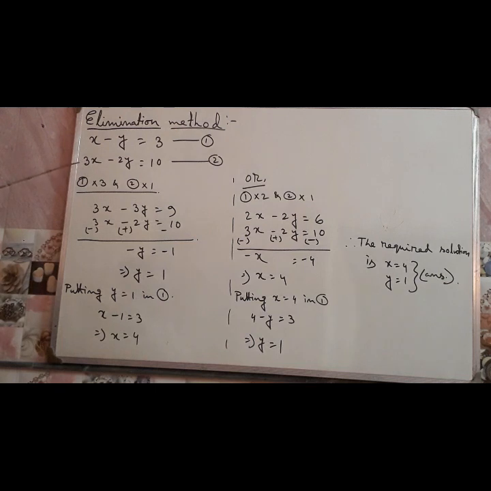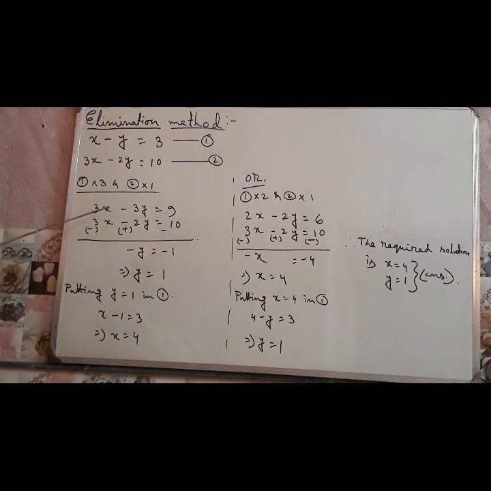So you have to multiply the first equation by the coefficient of x of the second equation, and multiply the second equation by the coefficient of x from the first equation.